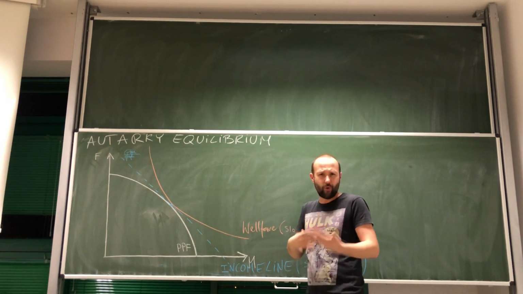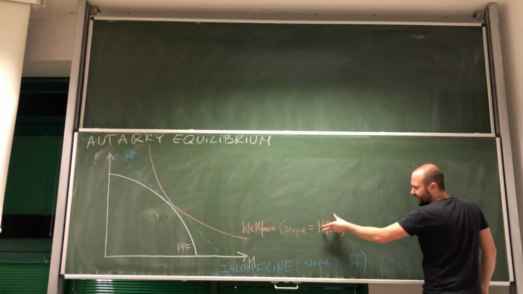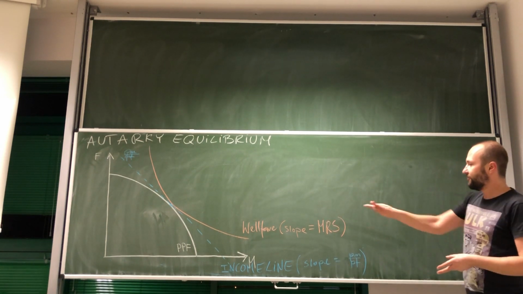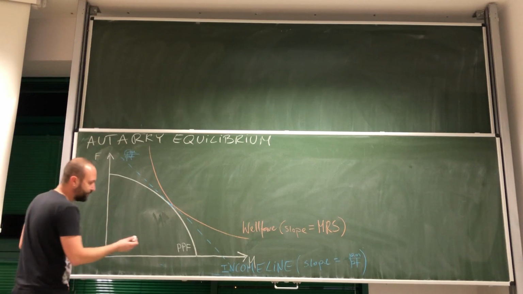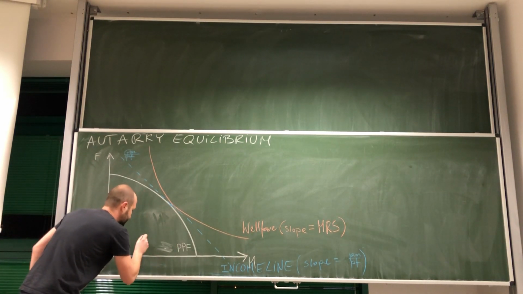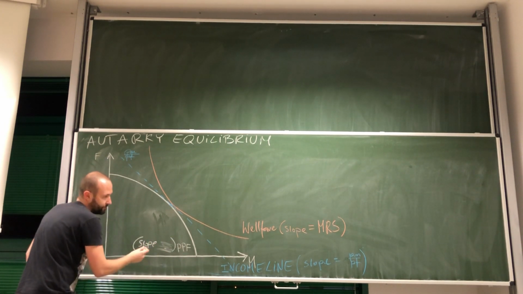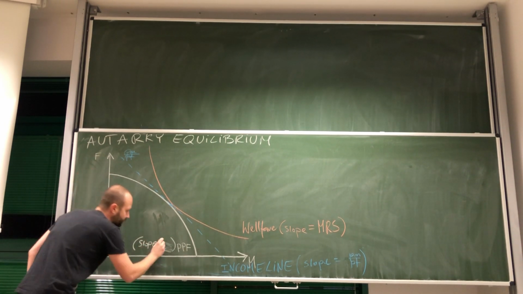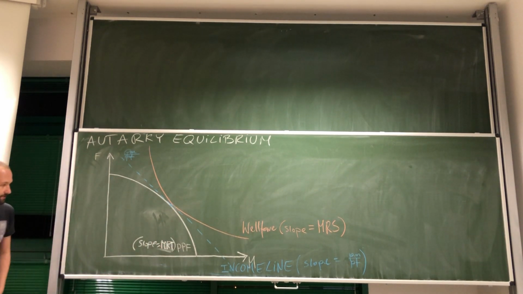So of course I will always have a negative outcome. But to compare them, we can just take absolute values. And finally, what is the slope of the PPF, our production possibility frontier? Well, the slope is equal to the marginal rate of transformation.